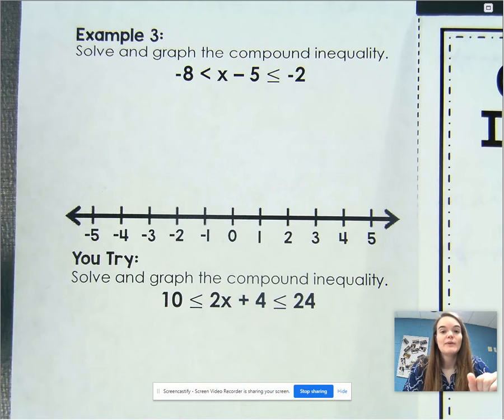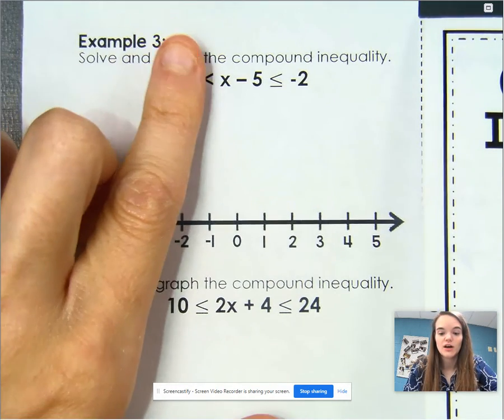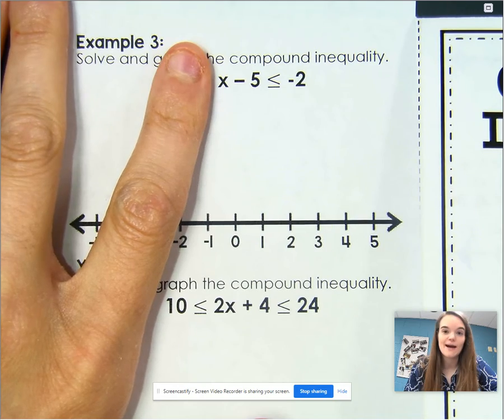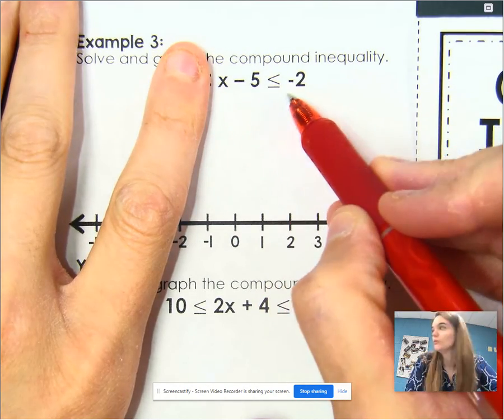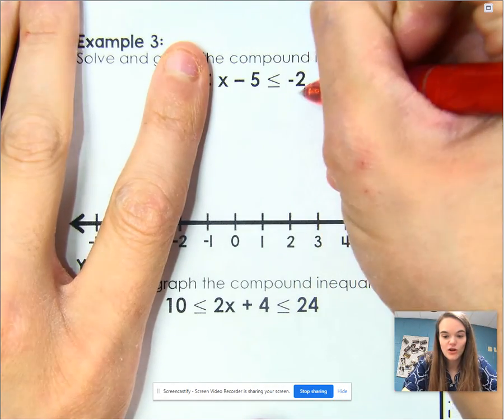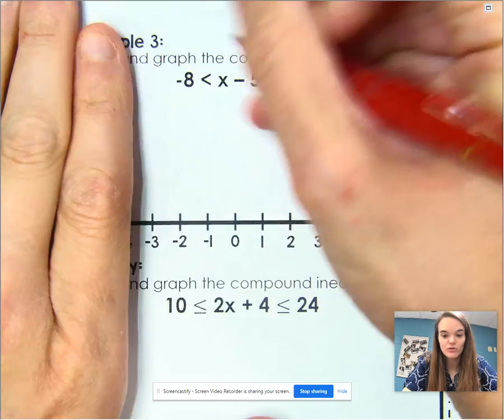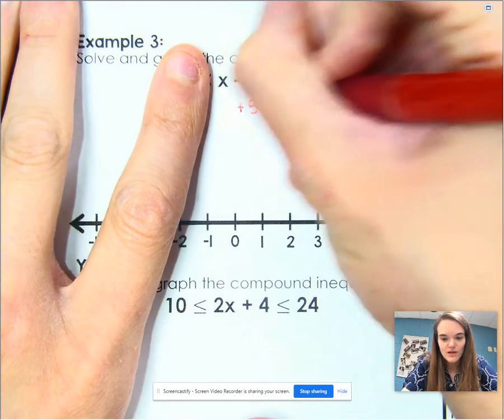To solve a compound inequality, it's very similar to solving a regular inequality. If you ever have a problem knowing how to solve it, cover up this left side here. Now it looks like a regular inequality. X minus 5 is less than or equal to -2, okay? So to solve, I need to get everything that's in this middle right here away from X. So I'm going to add 5.